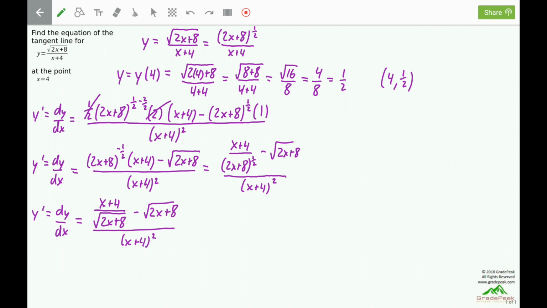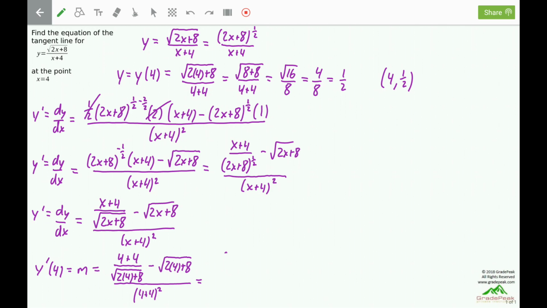And so now I'm going to evaluate y prime at the x-coordinate of 4 to give us our slope. And that will be 4 plus 4 over the square root of 2 times 4 plus 8, minus the square root of 2 times 4 plus 8, and then all this over 4 plus 4 squared.